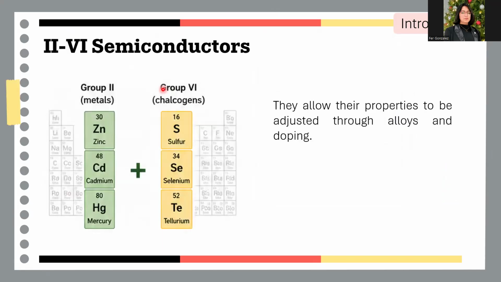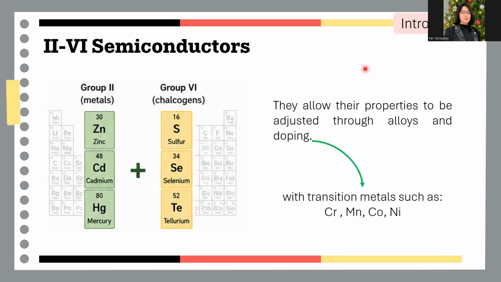Then, group II-VI semiconductors have gained attention and great relevance in recent decades due to the combination of optical and electronic properties that make them attractive for numerous emerging technological applications, because they allow their properties to be adjusted through alloys and doping.